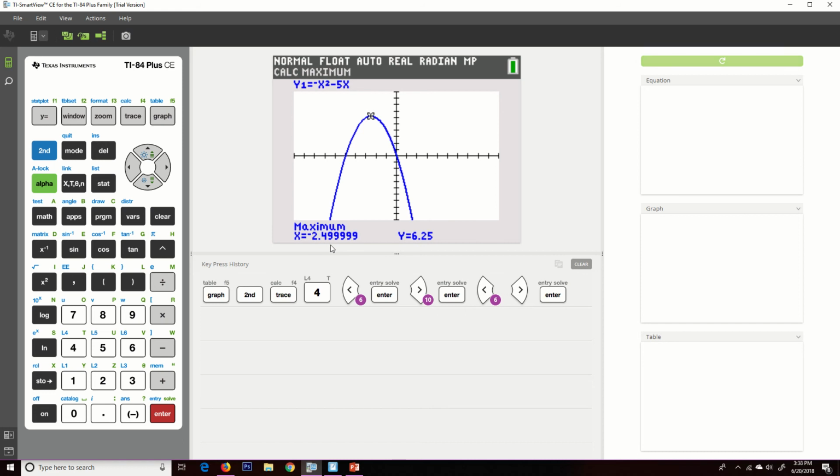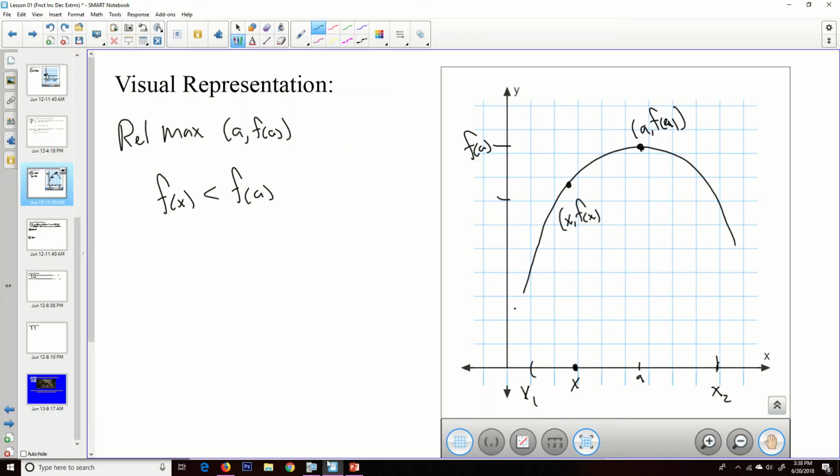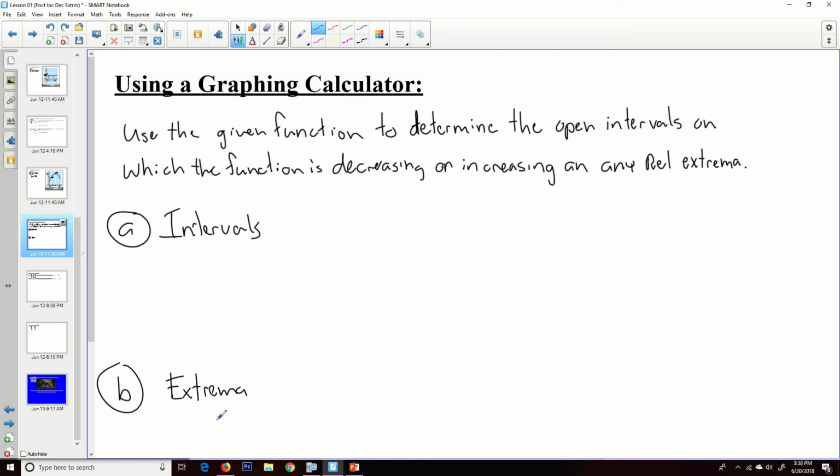And so here we see that it says negative 2.499999. We're going to round that to negative 2.5, and the y value at 6.25. So we're actually answering the extrema question first.